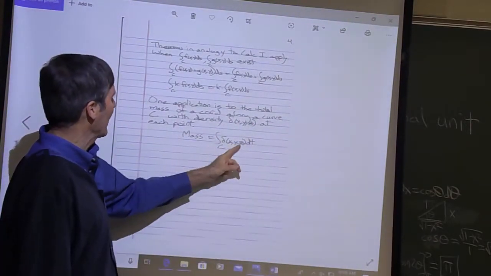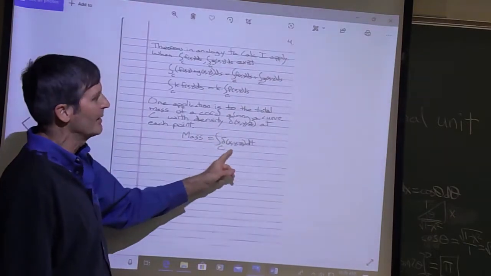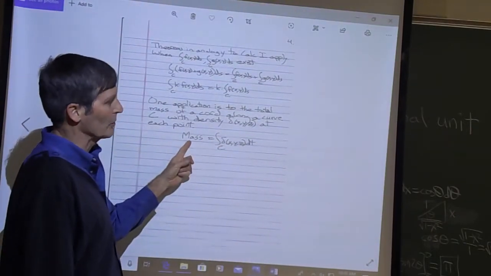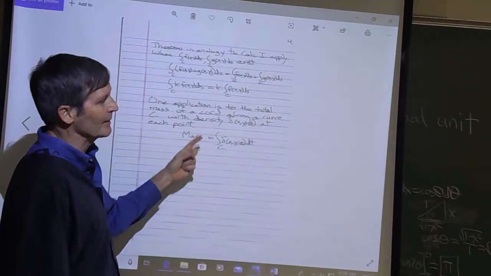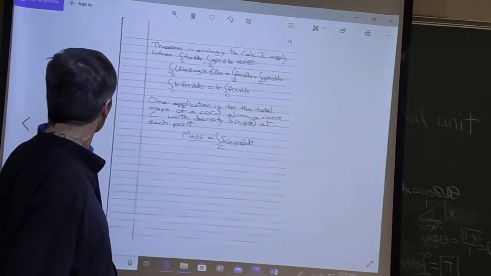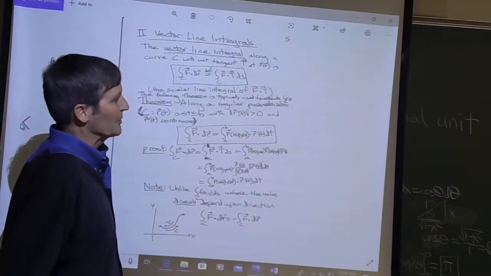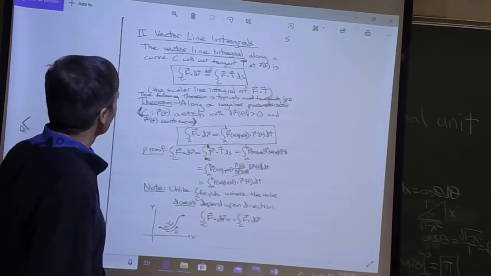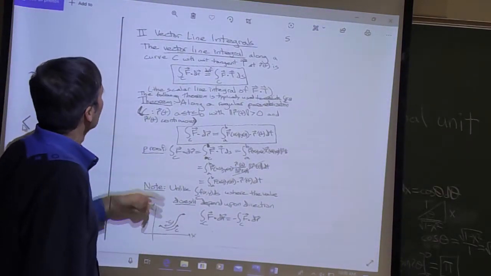This might be a mass density, and you get mass. It might be a weight density, and you get weight. It might be charge density, and you get the total charge along the way. You can integrate some sort of heat to get the total heat effect and so forth. People use this in lots of applications. So that's the utility, generally with density functions, besides doing the curtain area.